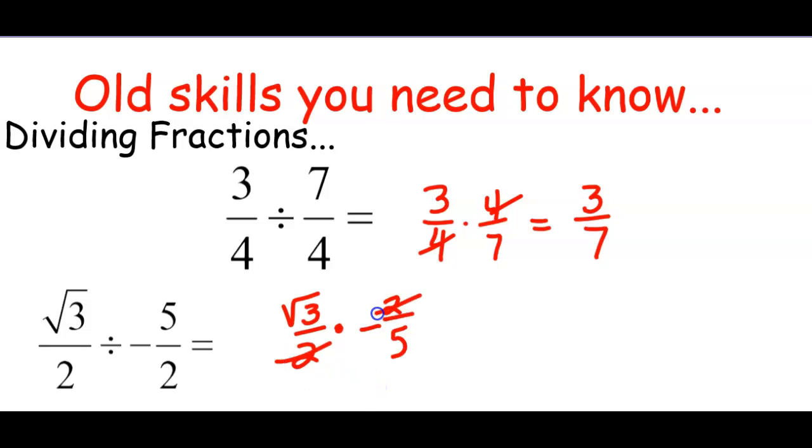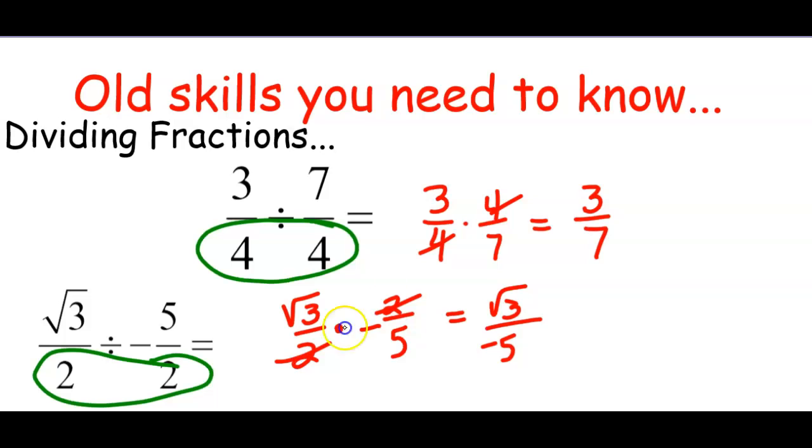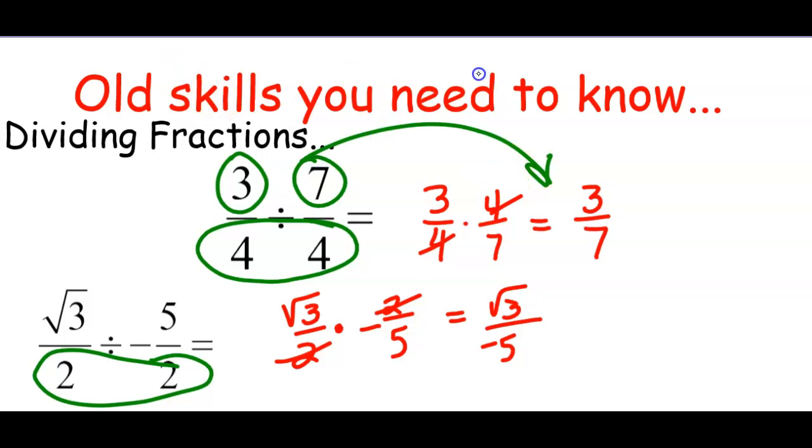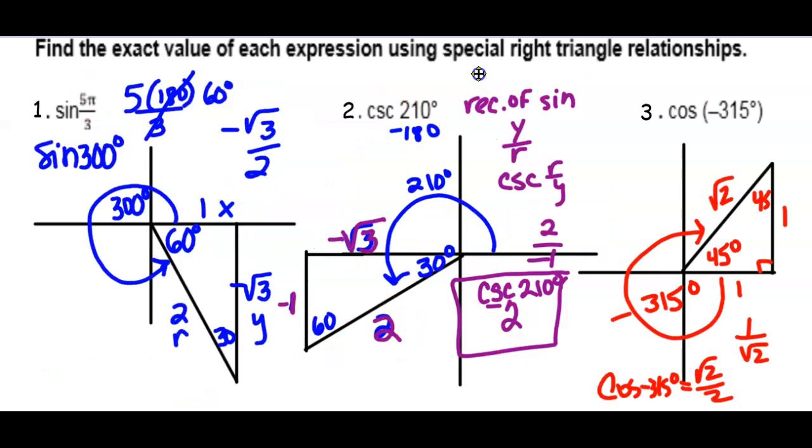The 2's will divide out and you'd get square root of 3 over -5. The reason I put these in is that when these denominators are the same, they divide out. So as long as our divisors are the same, when we are dividing, we get this number over this number as our answer. That's going to be really important when we do tangent on the unit circle.